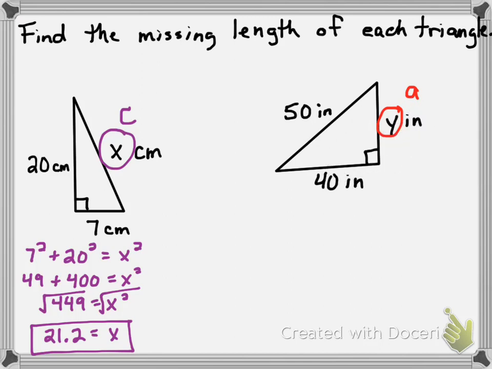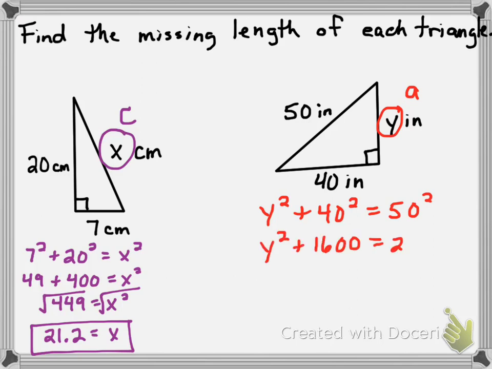So when I fill out my formula, A squared, which is y squared, plus B squared, which is 40 squared, equals C squared, which is 50 squared. So I've got y squared plus 1600 equals 2500.